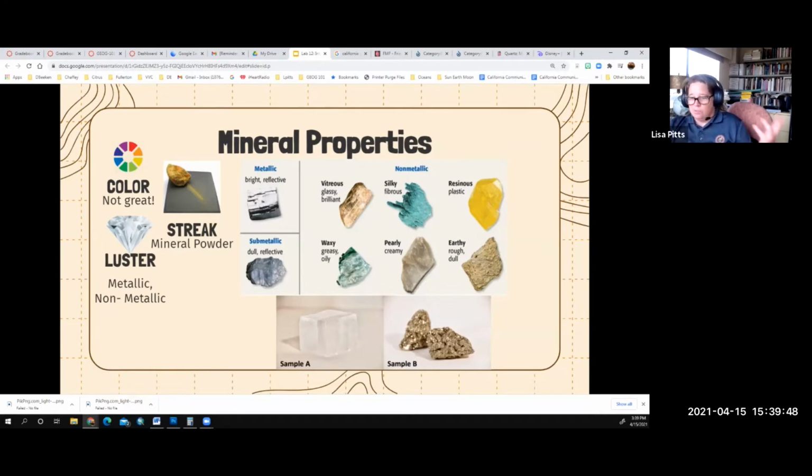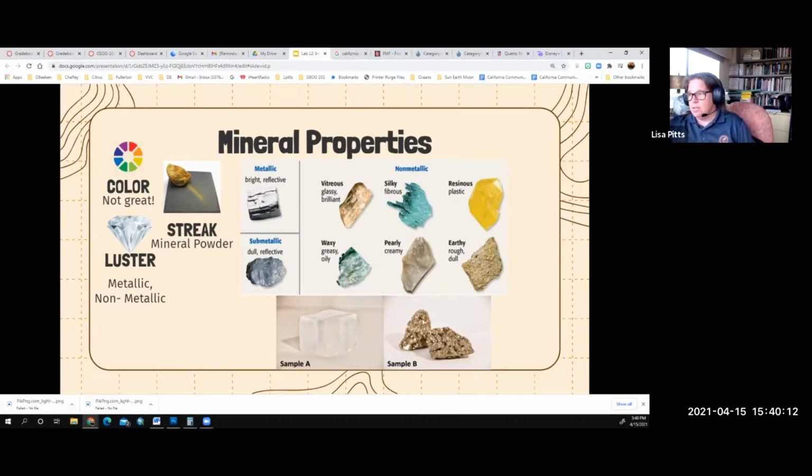A metallic luster looks like metal. But some metal is really shiny, like even your aluminum foil has a shiny side and a not as shiny side. It's still the same foil, it's just that one side reflects more light than the other. So you can have dull metals and shiny metals.